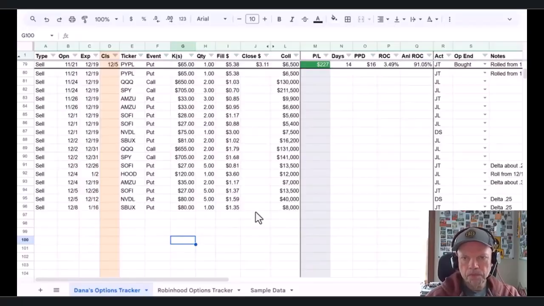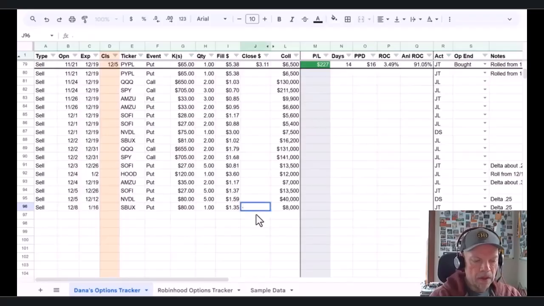So later, as it gets closer to the 16th of January, if the price hovers above 80 or goes even higher, this contract will become more and more worthless to the point it gets down to zero, which is good for me.